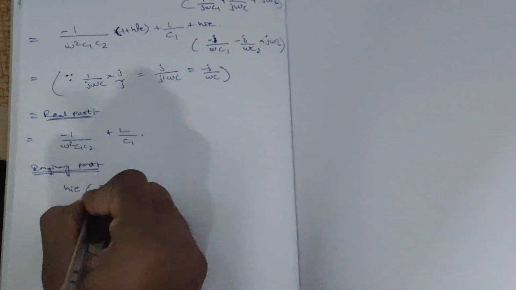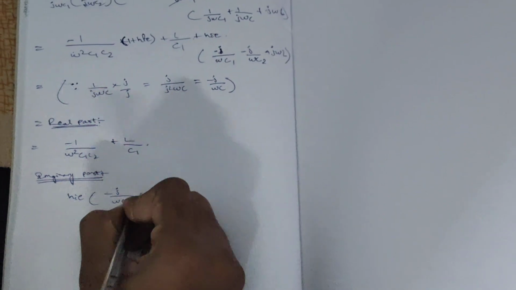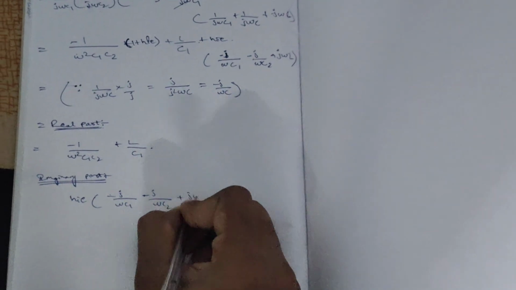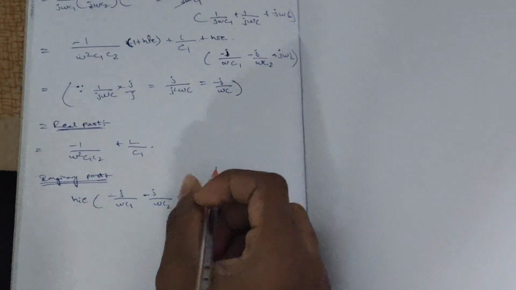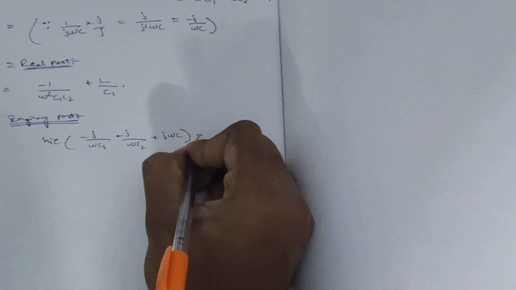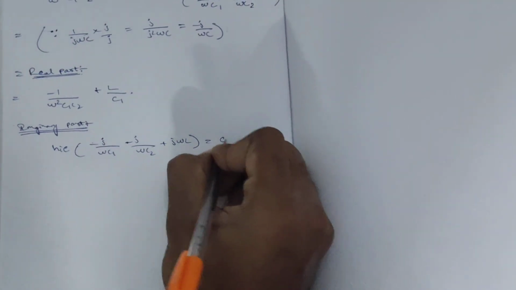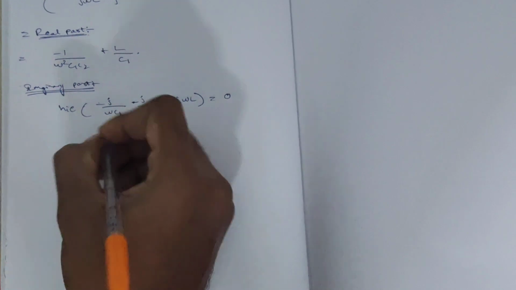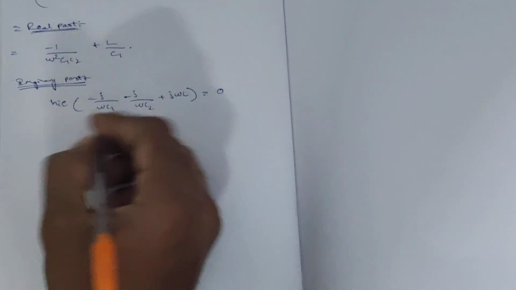HIE into (minus j by omega C1 minus j by omega C2 plus j omega L). In the first equation, the whole expression is equal to 0. When we transfer HIE to this side, it gets 0, and j is common.